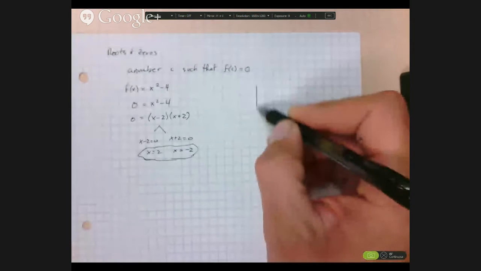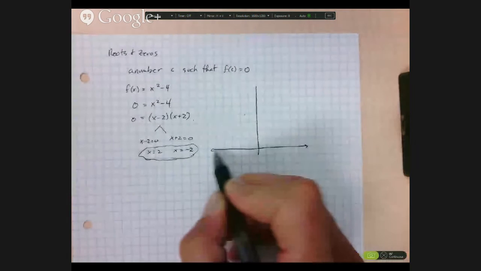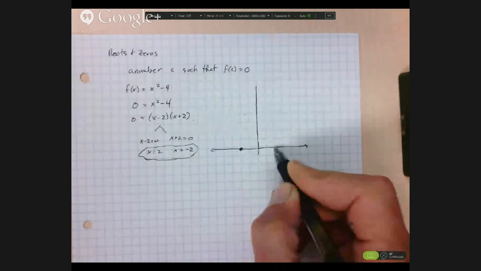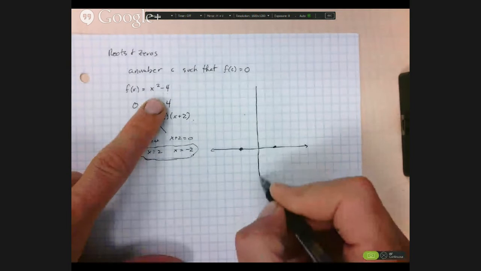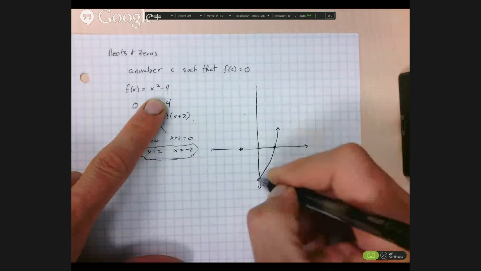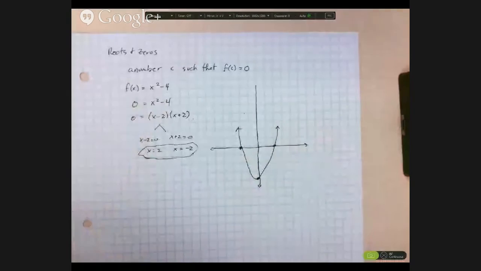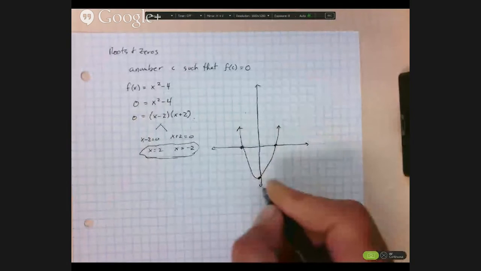If I wanted to use those to graph, herein lies the reason we have graph paper, because it's really pretty. Negative 2 and 2. My y-intercept is negative 4. There's your graph. Sometimes it makes it easier to graph.